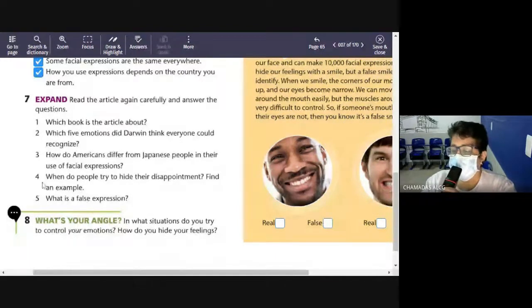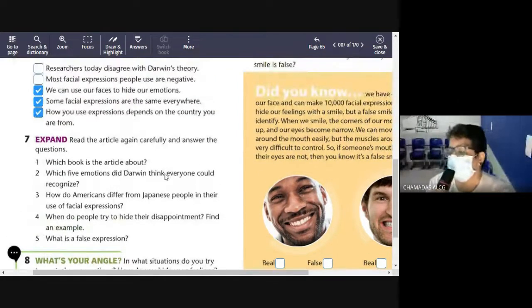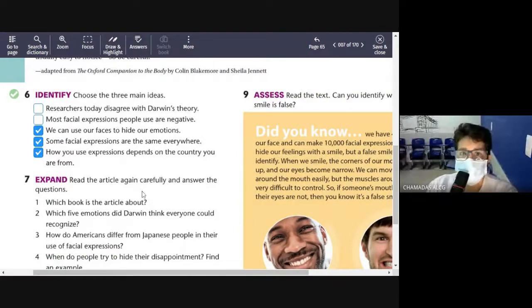Question four, when do people try to hide their disappointment? Find an example. And question five, what is a false expression? Okay, so for this one, I will give you 2 minutes to read the article again and find the answers.